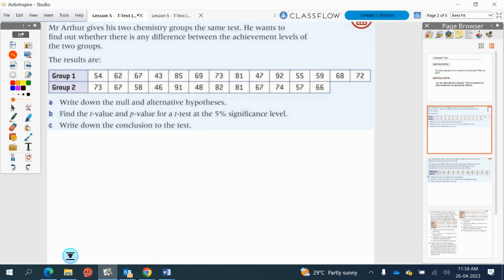So for A, we want H0: there is no significant difference in the population mean.